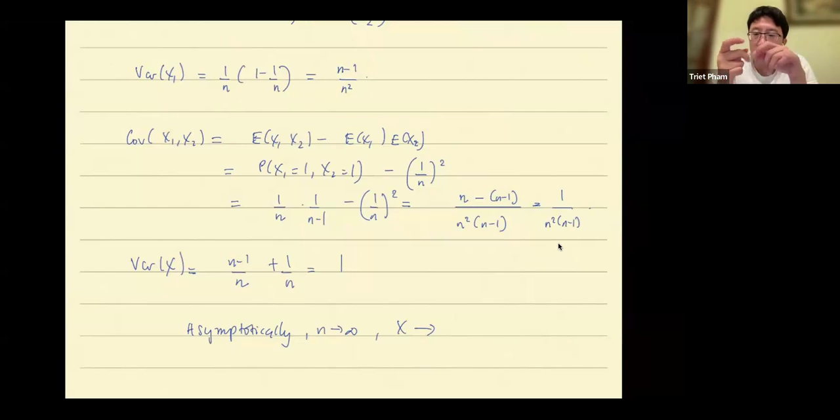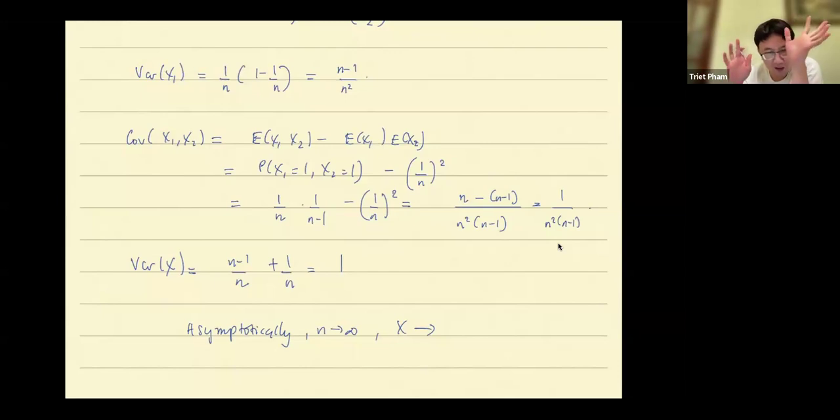What kind of random variable has expectation equal to variance? Well, the only one that you know of is a Poisson. A Poisson lambda has expectation lambda and variance also lambda.